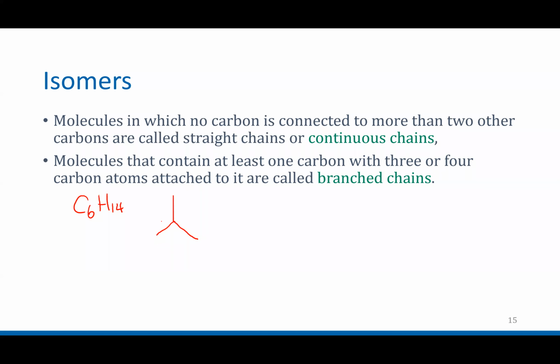Uh-oh. Okay, hold on. Pen issues. 1, 2, 3, 4, 5, 6. Sorry about that. This is going to be very annoying with this pen. So let me just count again. 1, 2, 3, 4, 5, 6. All right. This is a continuous chain.